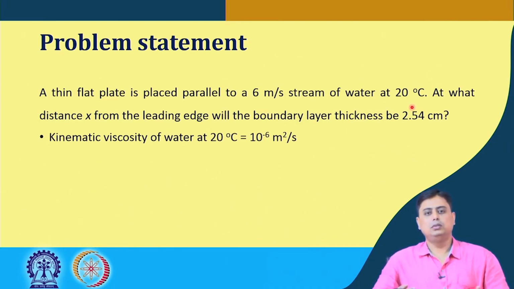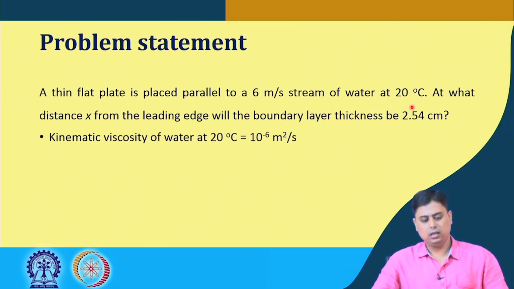Okay. So, the steps are that since this information is not given, you can assume a flow condition, you solve for delta for that particular condition, and then you calculate back whether the Reynolds number condition is satisfied or not.